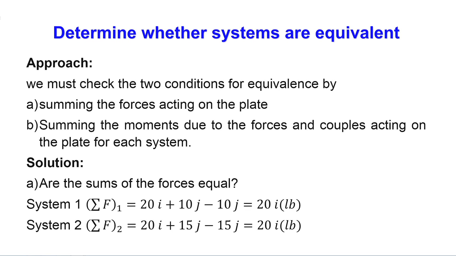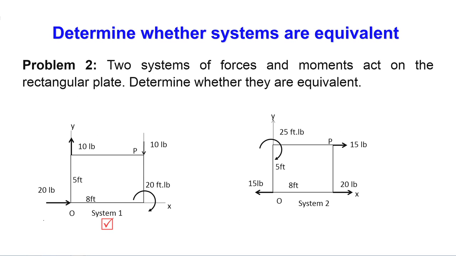For system 1, if we see the figure, for the sum of the forces, along the x axis only a 20 pound force is there, that means 20 i unit vector, and along the y direction two forces are there, one is 10 pound, another is 10 pound. At P it is negative, and the other is positive.